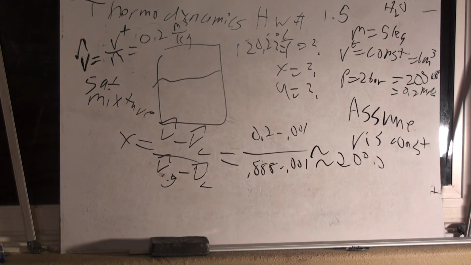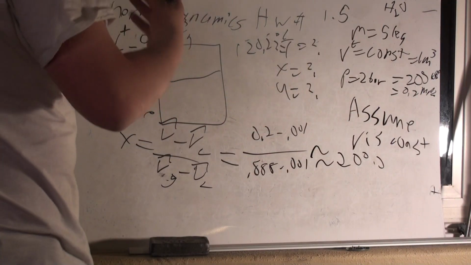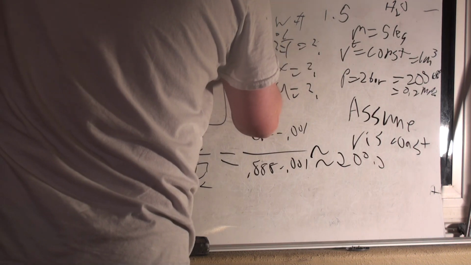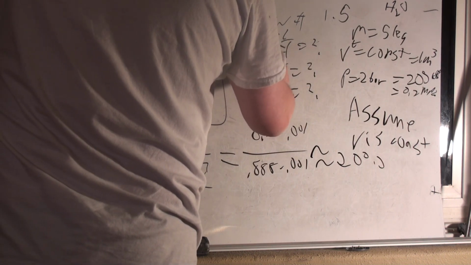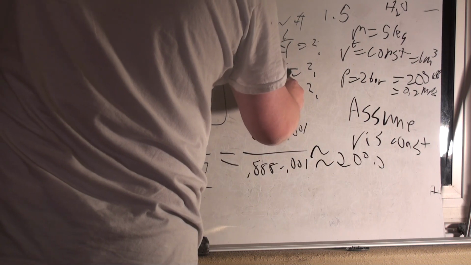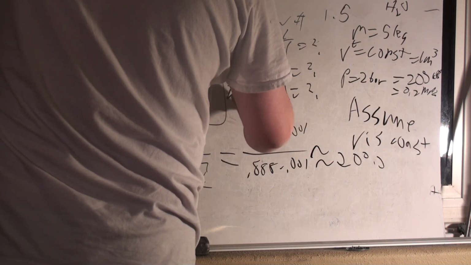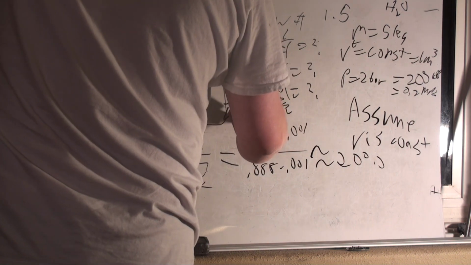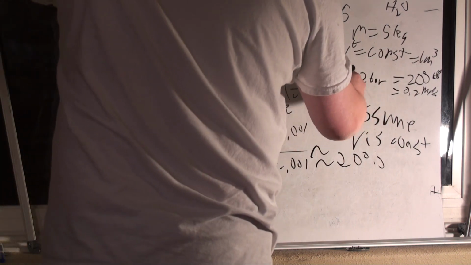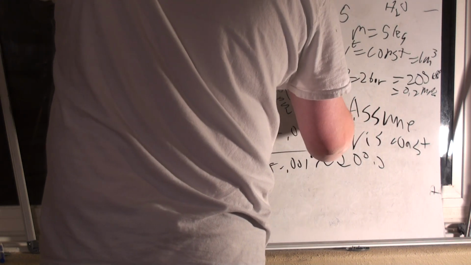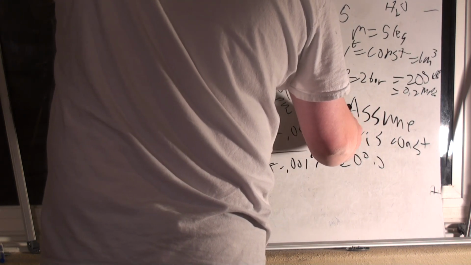Okay. Last thing is internal energy. Oh, and the other thing that I would want to show here is, in terms of the work I want shown, I want something like, at saturation and at P equals 0.2 megapascals, V liquid equals something, V gas equals something, U liquid equals something, and U gas equals something.